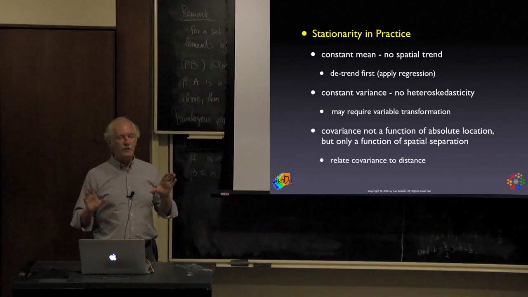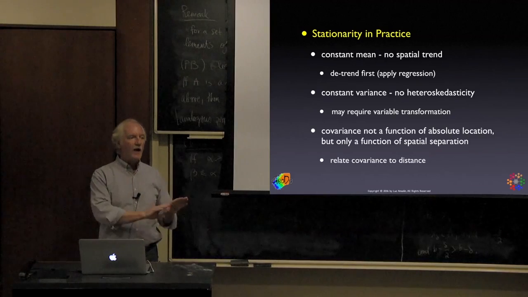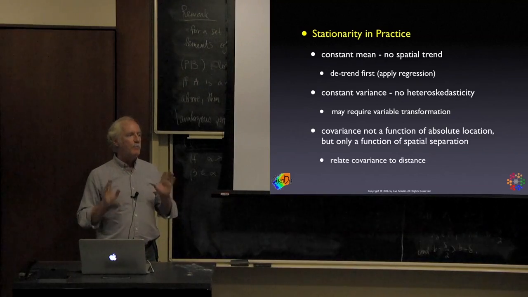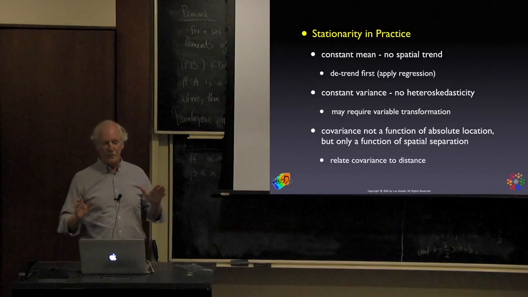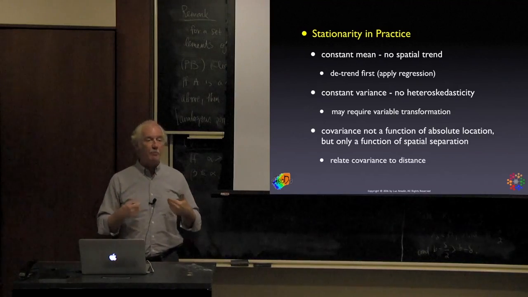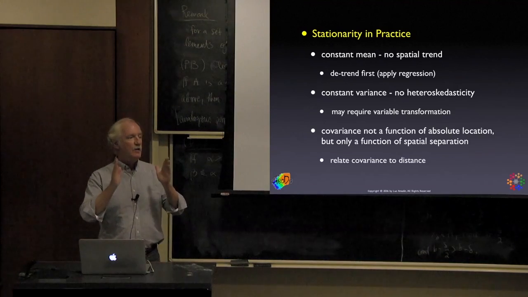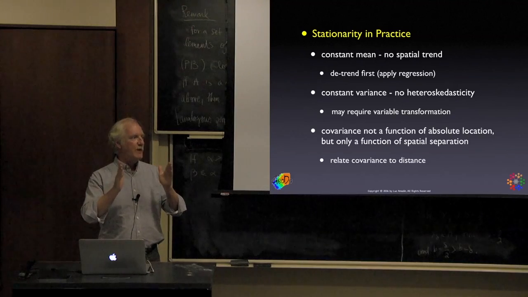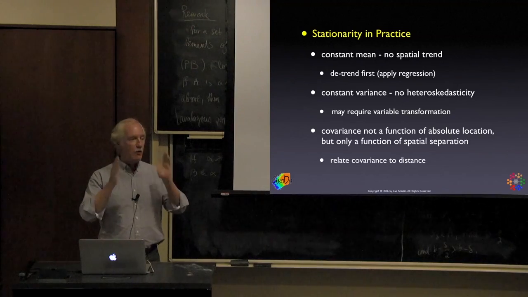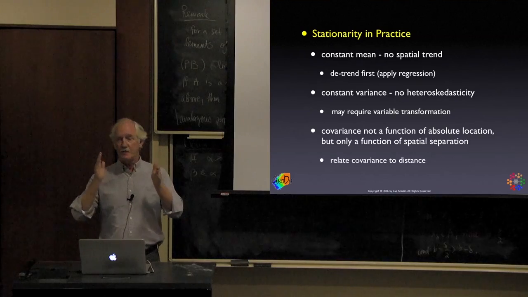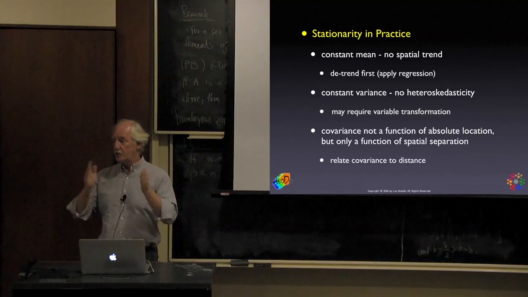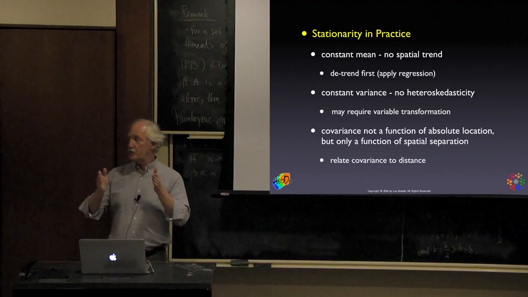The covariance doesn't matter where you measure it. It's about interaction, right? So what matters is the distance between the pairs for which you measure the covariance. And this is autocovariance, so it's the same variable at 2 locations.